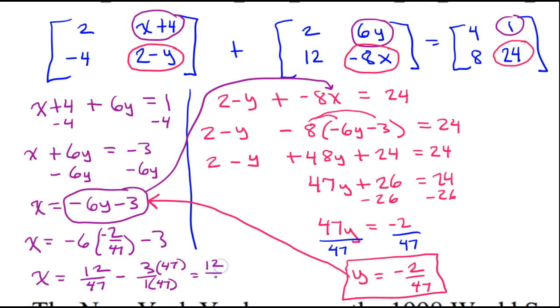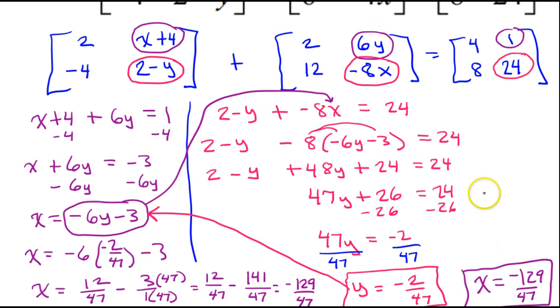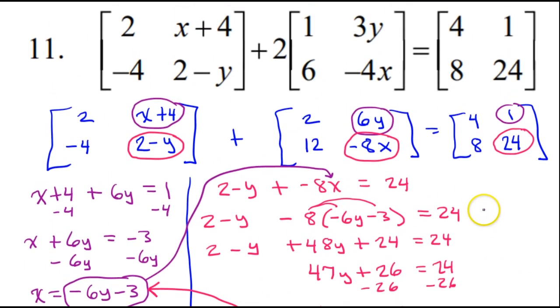Okay, so that would be 12 over 47 minus whatever that is. So I've got the 141. 12 minus 141 is negative 129. Okay, answers this ugly just make me so nervous. So I've got x equals negative 129 over 47. All right, so that would be it if I did not make a mistake. I'm going to have to go back and double check.